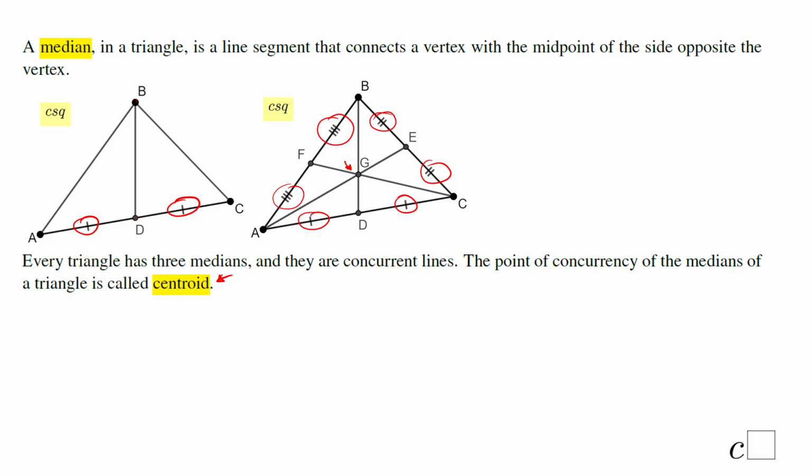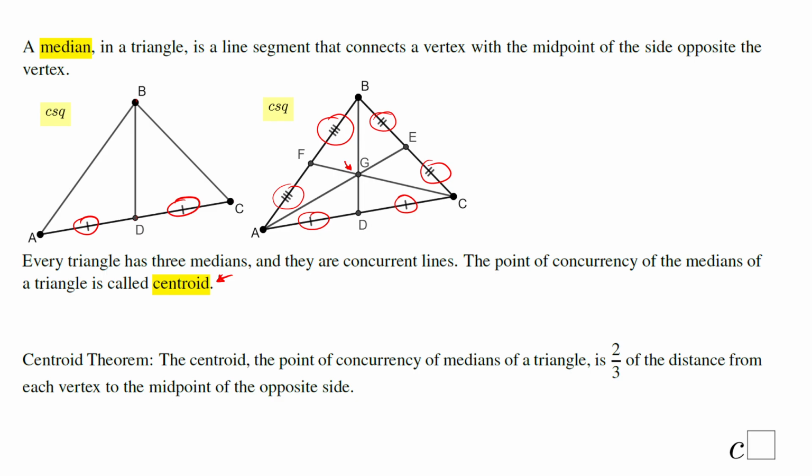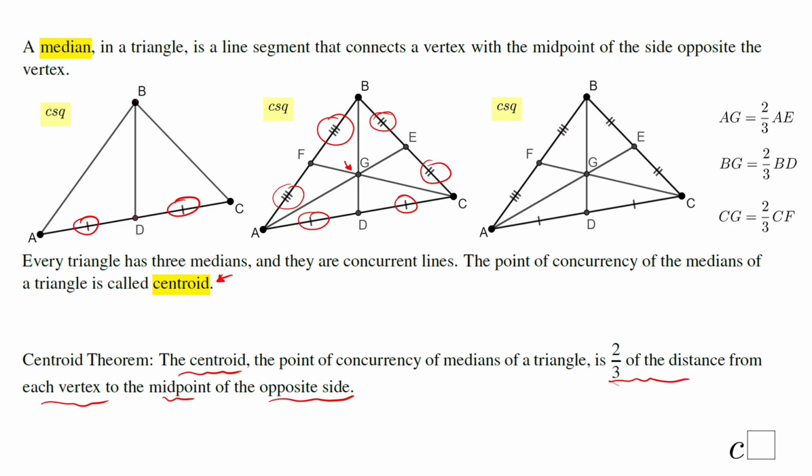There is a theorem that comes with medians which says the centroid is 2/3 of the distance from each vertex to the midpoint of the opposite side. So let's see what that means in this picture.